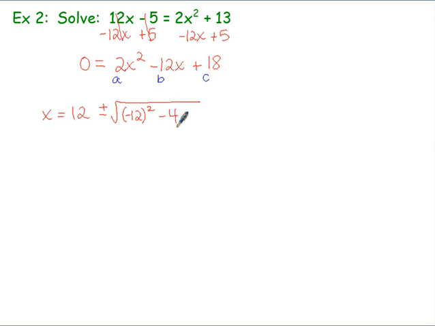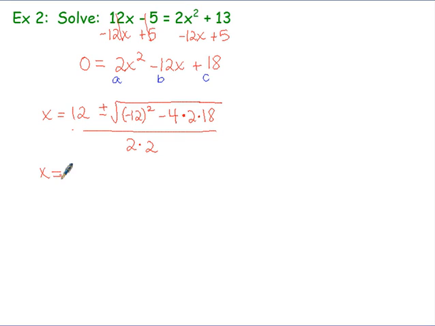Minus 4 is part of the formula, times a, which is 2, times c, which is 18. All divided by 2 times a, which is 2. So hopefully you had that part right.